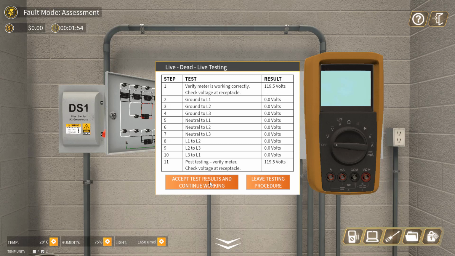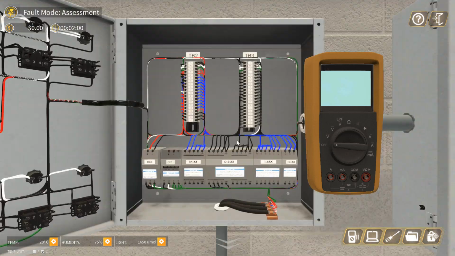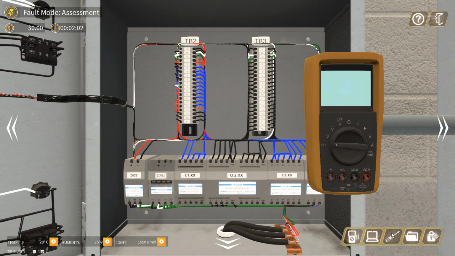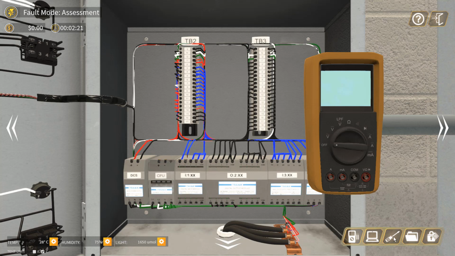Sorry, the program is a bit lagging. Okay, now we can just remove point 1 here or point 11 here, either one first. I do this one first, and notice that when disconnecting, the connection is loose. So this is a loose termination. So what we do, we need to tighten it.